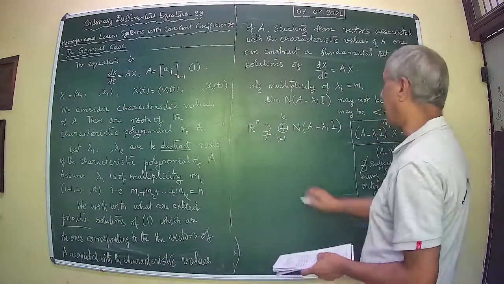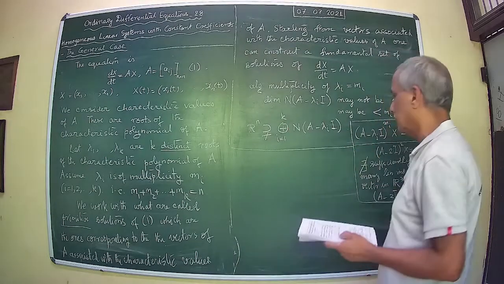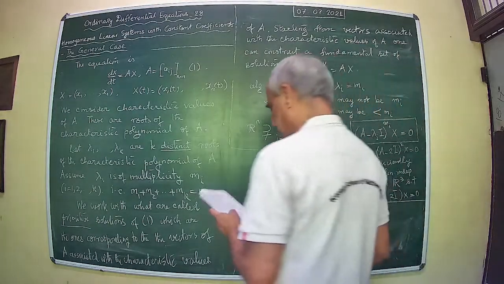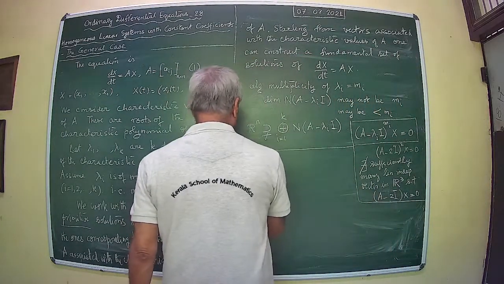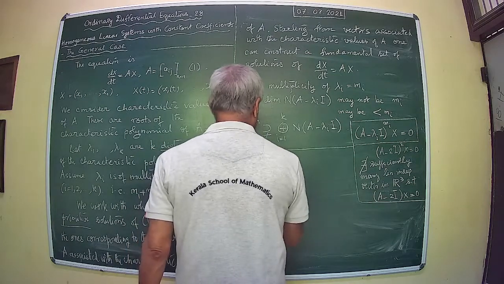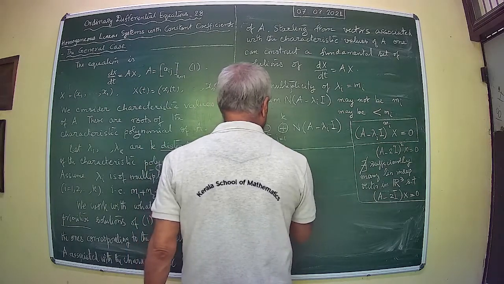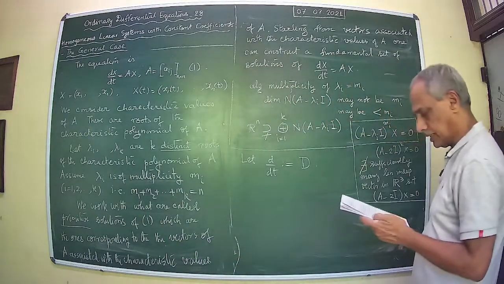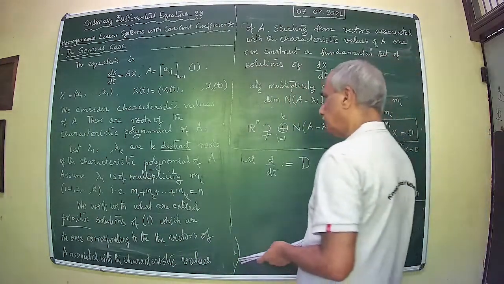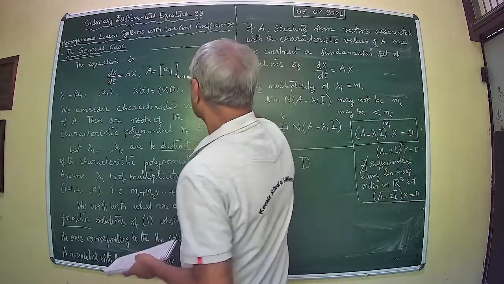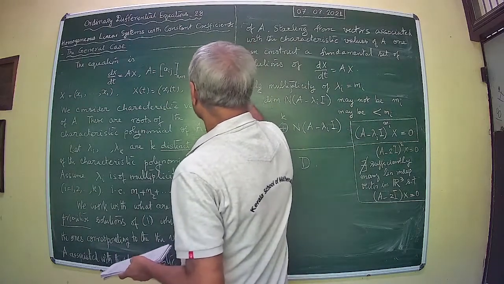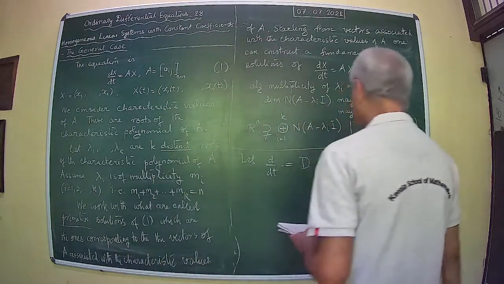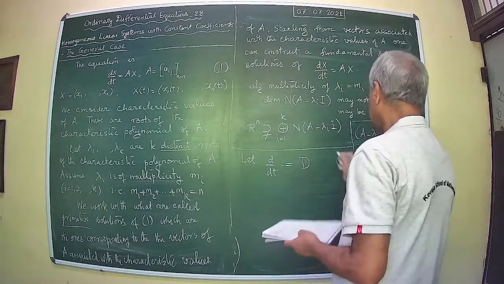So, let us start with the notations. I think this we have said, denoted by T for convenience. This is the equation that we have considered. So let me designate this by 2.